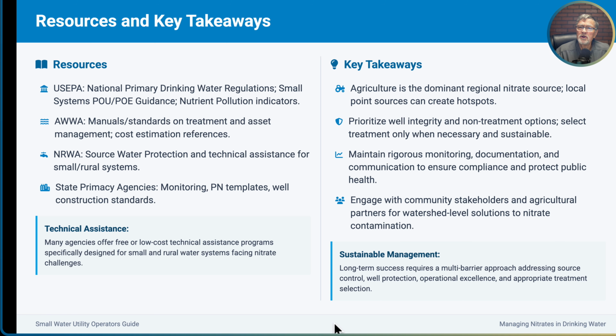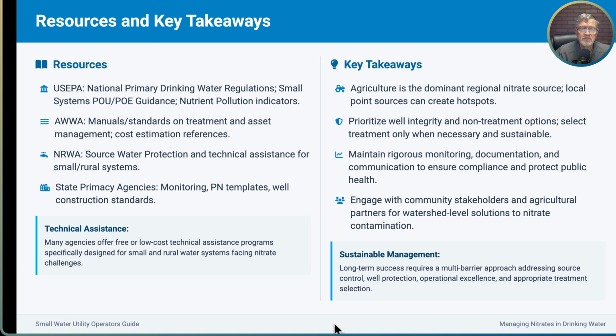You'll have circuit riders out there that might be available from the rural water associations that can help you find the correct solutions. So a lot of resources are available, and you want to partake of those. If you have challenges, you don't have to go on your own. You can even talk to and form alliances with other water systems in the area. They may be experiencing some of the same issues, and you can trade technical know-how and solutions. That's a good way to do it.